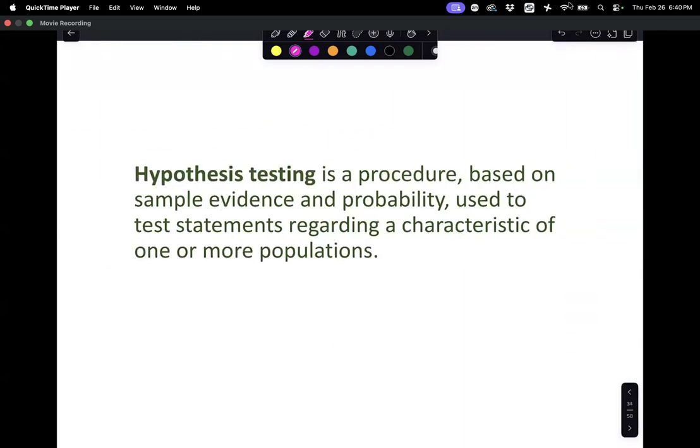So what we do with hypothesis testing, I already kind of told you about, is I'm observing things that make it seem implausible that the actual percent is that. Basically, we will see a statistic in the wild, and my observations are different. So we will use sample evidence and probability to test our statement.